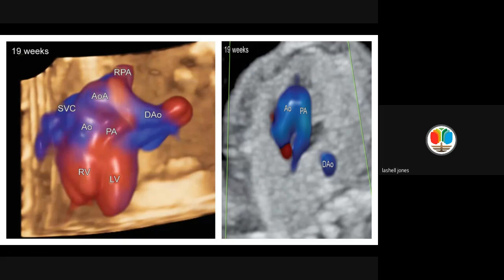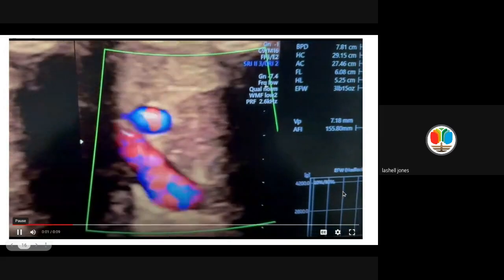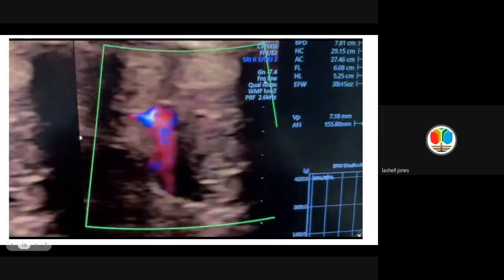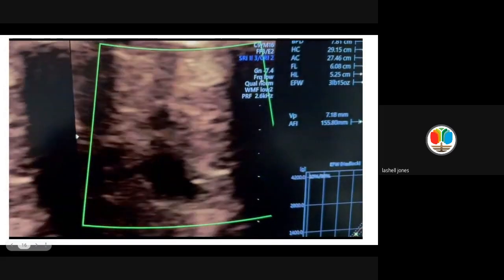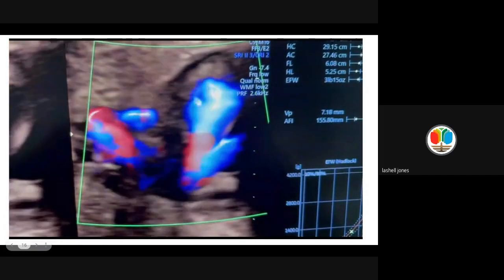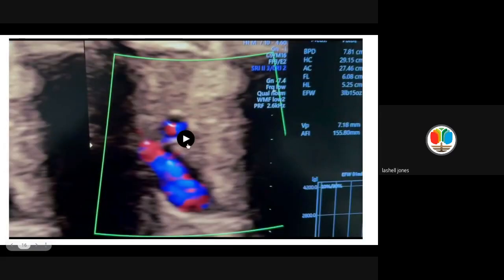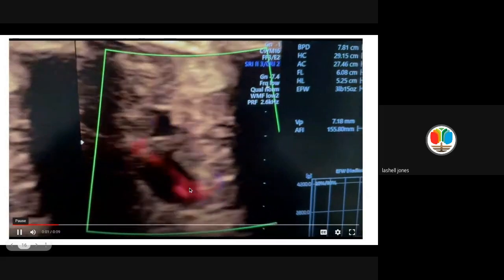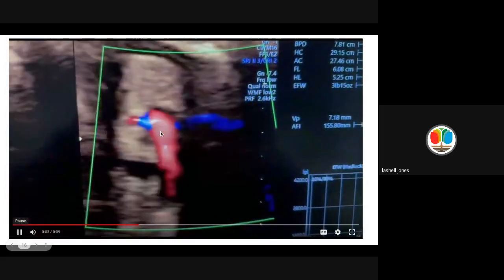There are some examples here of double outlet right ventricle. I personally did see one. I have a clip here so you can see. So this was an example of a double outlet right ventricle with a pulmonary stenosis as well as a VSD. Kind of hard to see the VSD, but you can see the pulmonary stenosis is here.